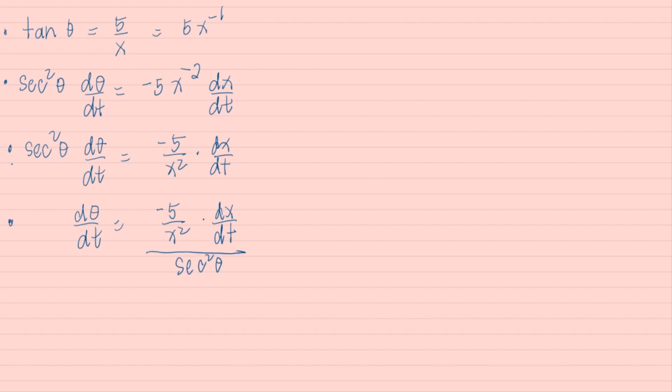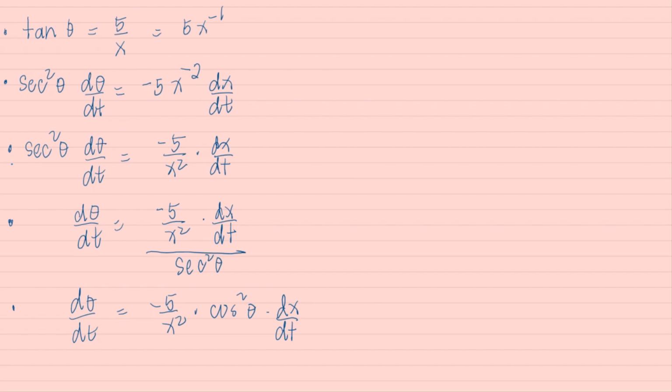And we know that 1 over secant squared of theta is cosine squared of theta. So we write negative 5 over x squared times cosine squared of theta times dx over dt.